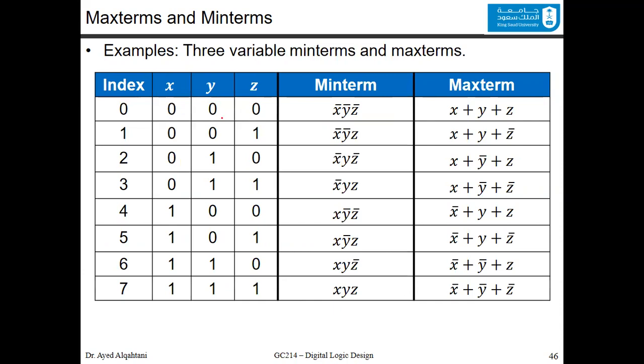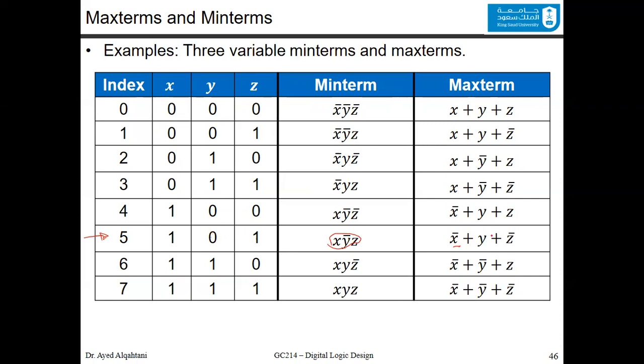Now, we will give the min terms and the max terms for 3 variables. The index starts from 0 to 7. For example, if we take this row, the min term will be X, Y bar, Z. And the max term will be X bar or Y. Now we are looking at it the opposite way.